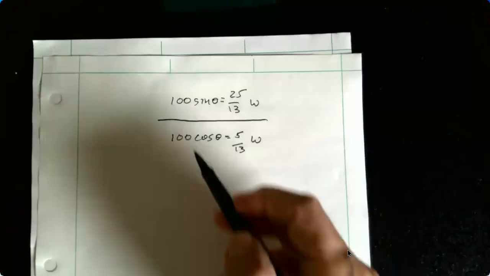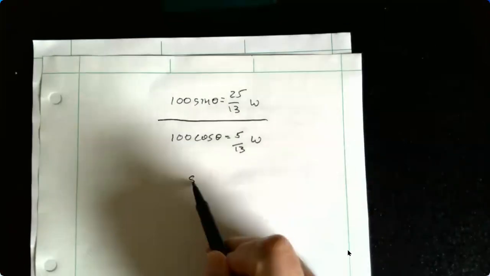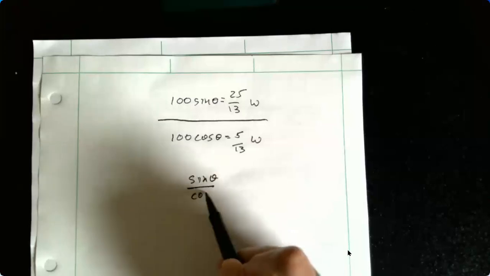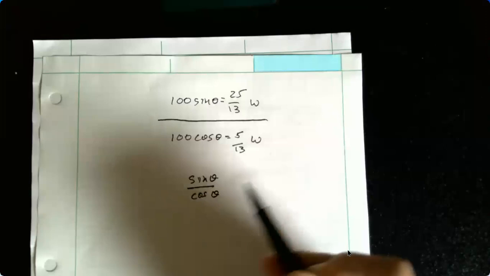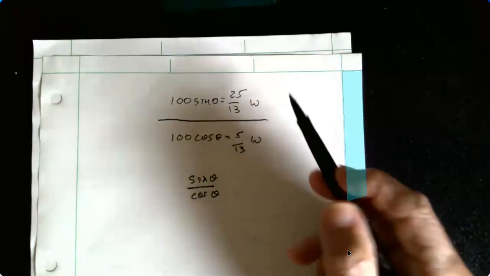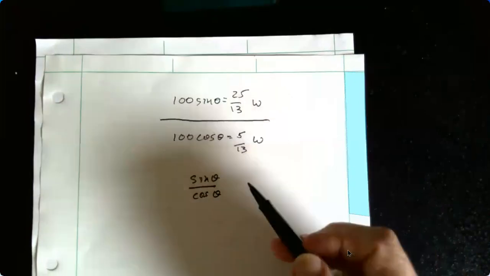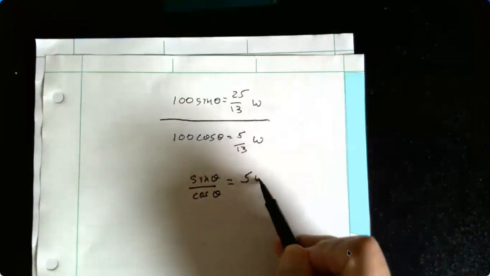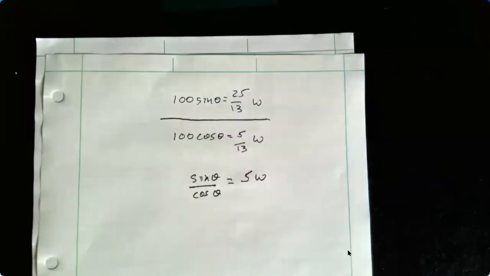Hundreds are out. So sine theta divided by cosine theta, and I got 25/13 divided by 5/13. 13's out. 25 divided by 5 equals 5. And I'm left with W. W's cancel out too.